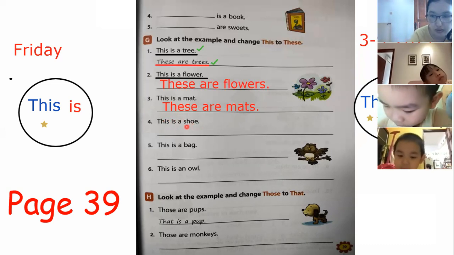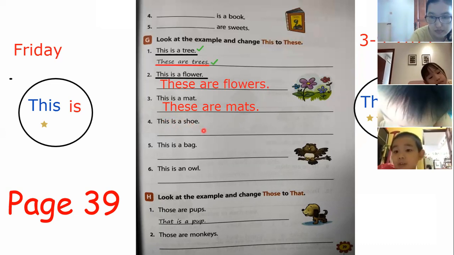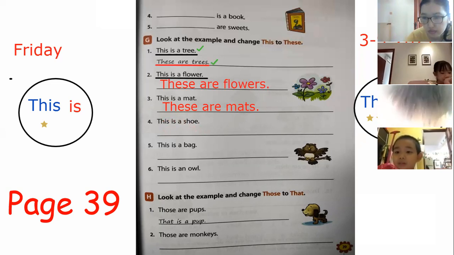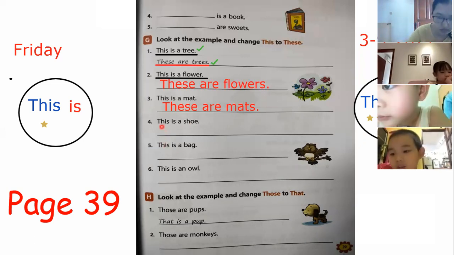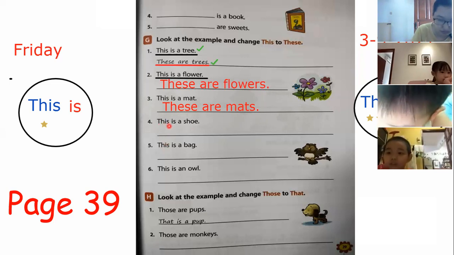But now we are going to make this sentence into a plural noun. So Tenu, how are you going to change this sentence to a plural noun? We are going to change the word THIS to a plural. How are you going to say that?